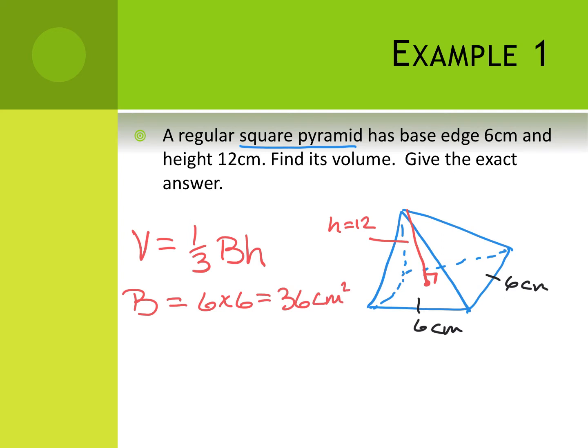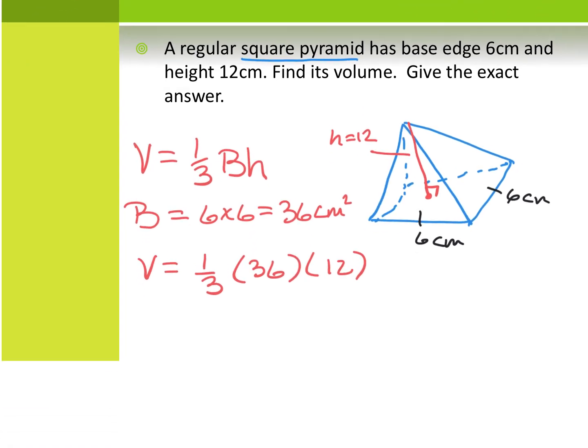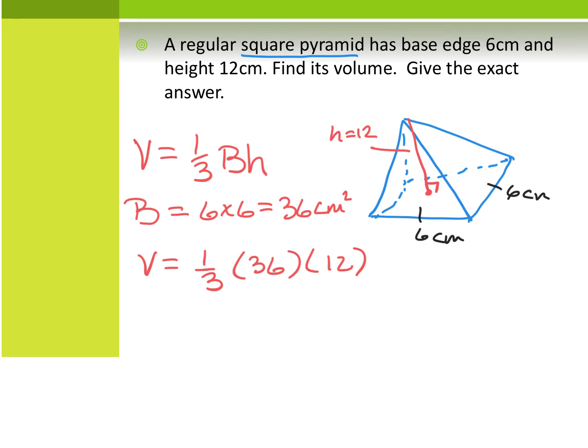Now that I have capital B, and I know my H is 12, let's plug it into the formula: 1/3 times 36 times 12, and then I'm just going to multiply. If you weren't using a calculator, I could simplify here, make this a 12, and then the volume is 144 centimeters cubed, or cubic centimeters.